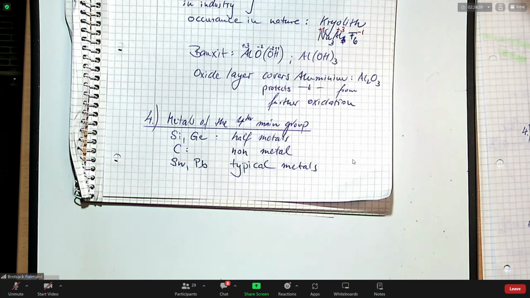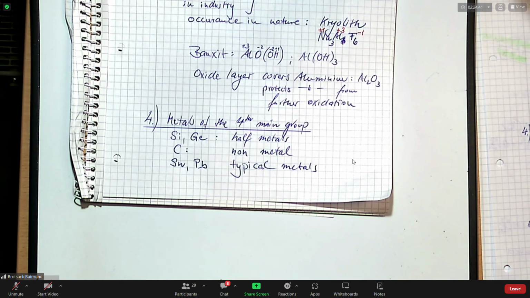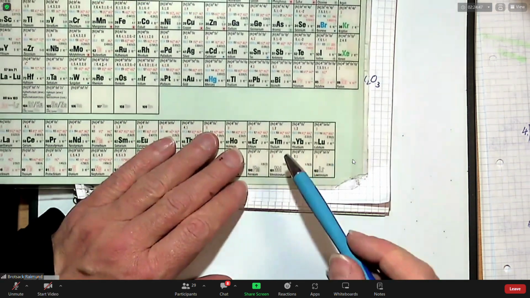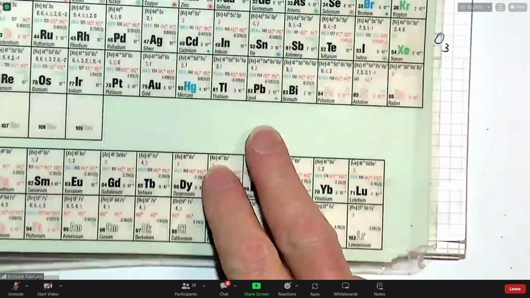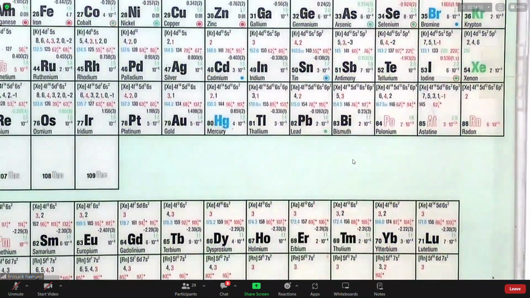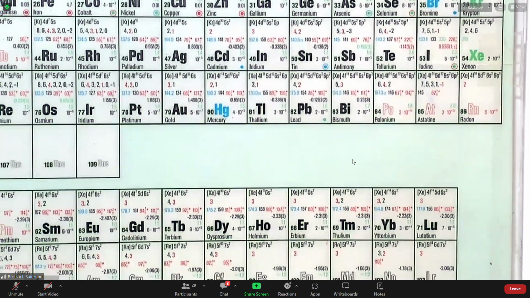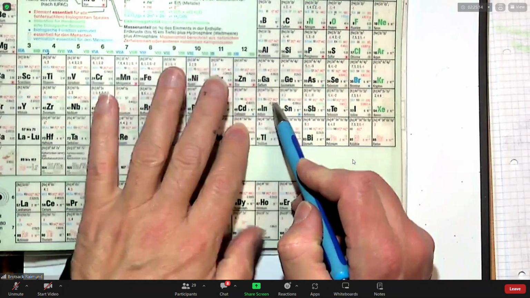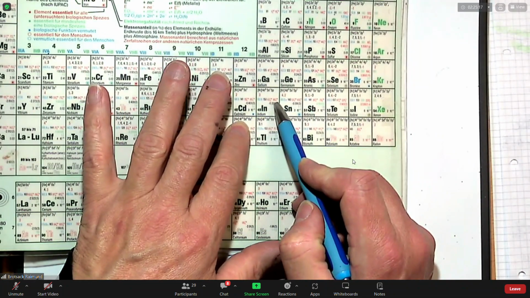What is the oxidation number of the fourth main group? +4. But sometimes we even have +2, as you can see in here. The fourth main group, we have tin and lead. And you see both of them, +4, +2, +4, not so often, even here more +2. The +2 is what remains when we take away 2 electrons, a full d orbital.